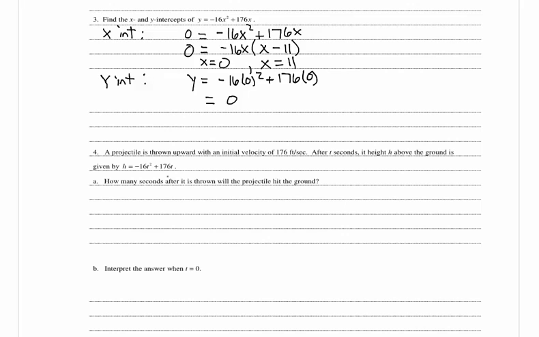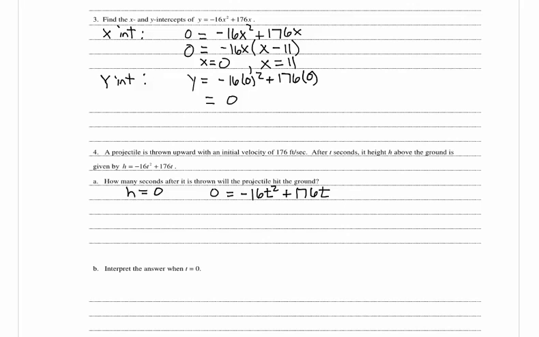And when the projectile is on the ground, that means we set h equal to 0. So we would have 0 is equal to negative 16 t squared plus 176 t. And above, we found that this was equal to x is equal to 0 and x is equal to 11.